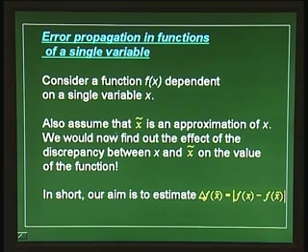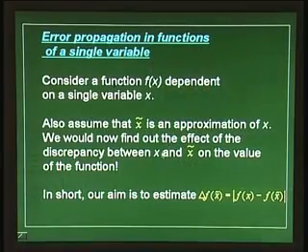That is what we looked at, and we said that if you assume x tilde as an approximation to x, that is, x tilde is the finite machine floating point representation of the actual real variable x, then what would be the effect of the discrepancy between x and x tilde on the value of the function. That is what we have looked at.